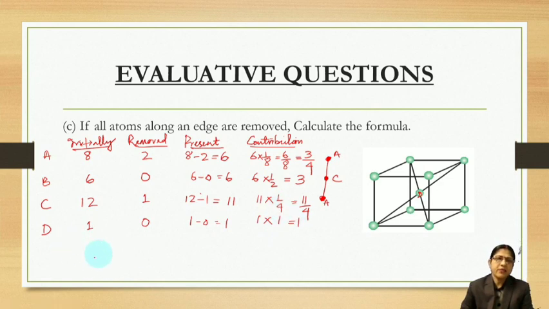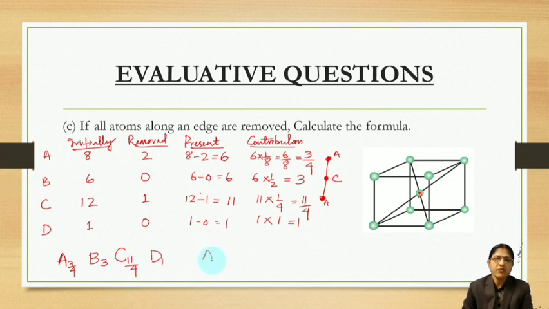Now we will write the formula of the cell. A 3 by 4, B 3, C 11 by 4, and D 1. Now we will multiply by a suitable whole number, that is 4.